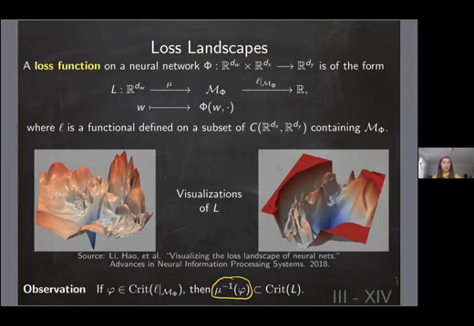So for every actual function phi, we typically have very, very many weights that give us that function. And when phi was a critical point, then all of these weights are a critical point. And so a good first question that one can ask for many different architectures is, how does this set look? This is a question I want to study now on the next slide.